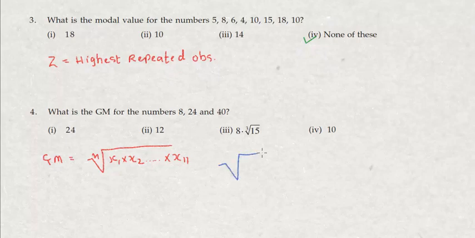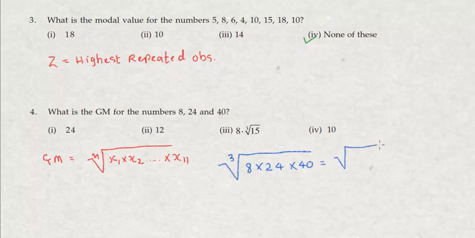It will be the third root of 8 into 24 into 40. Now it will not be possible for us to find out the third root or the cube root of the multiplication of these numbers on our simple calculator, so we will apply some mathematics here to reduce it.